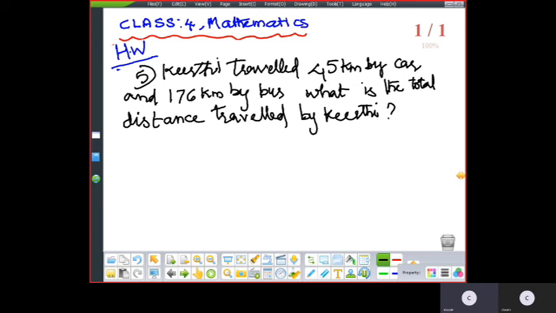Okay, children. Firstly, let me explain the question. Kirti travels 45 kilometers by car and 176 kilometers by bus. The keyword total means what? Addition. You follow? Total means addition.